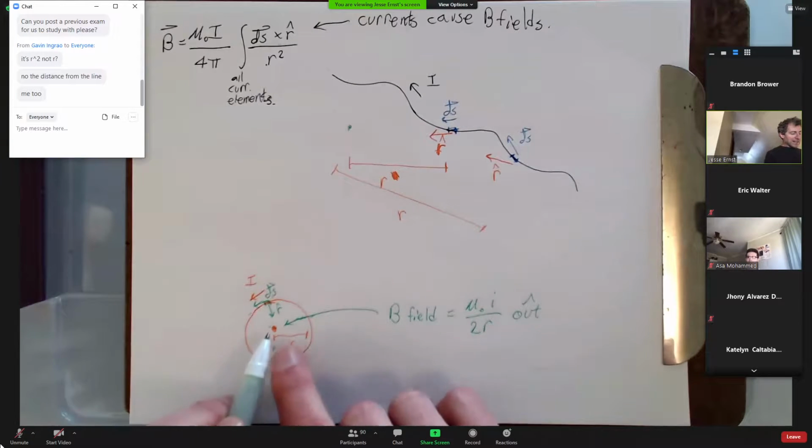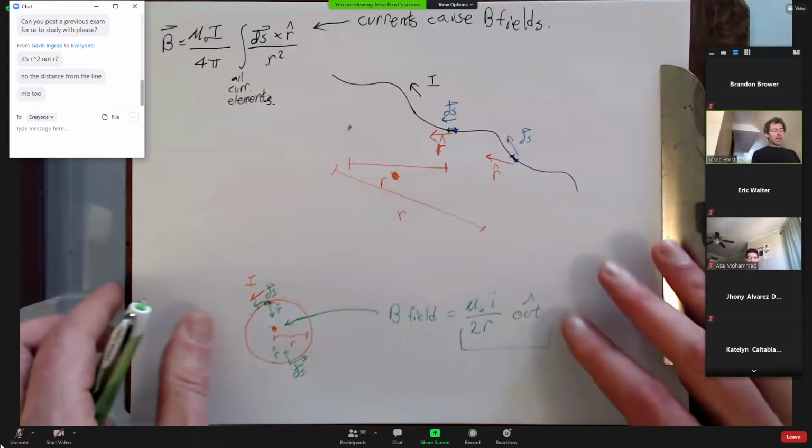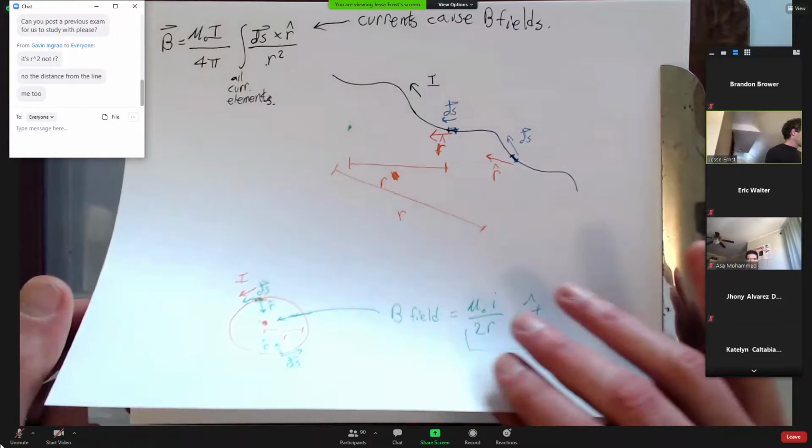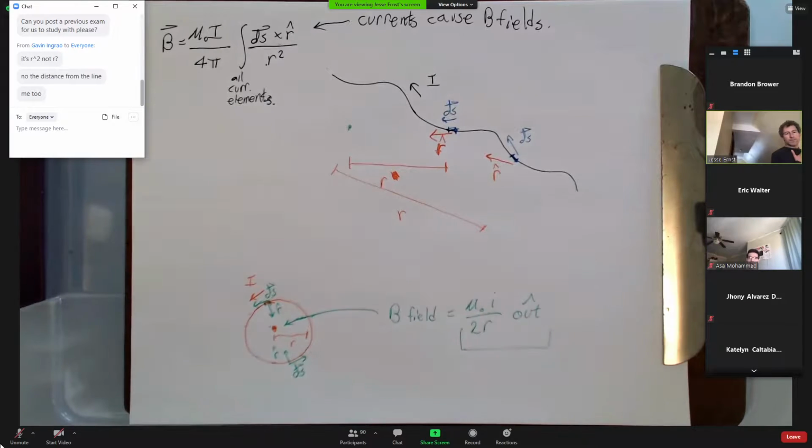So the B field at the center is equal to that, okay? So that was a short example we did, and then where we stopped, we were right in the middle of a longer example, a sort of a more complicated one. Any questions on this first, though?